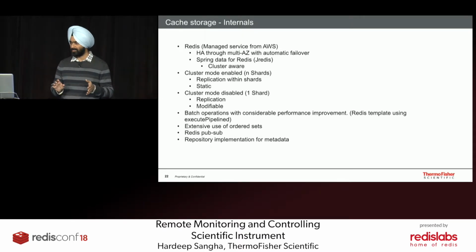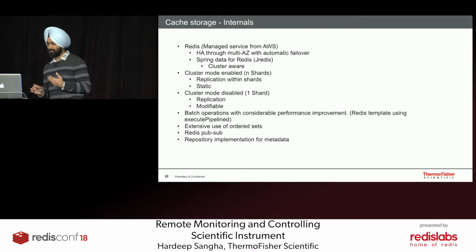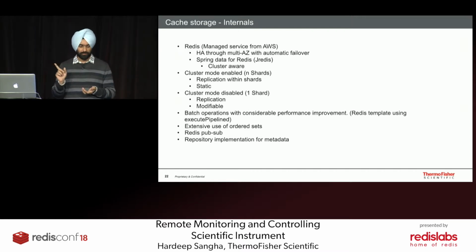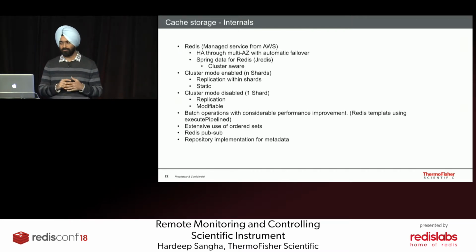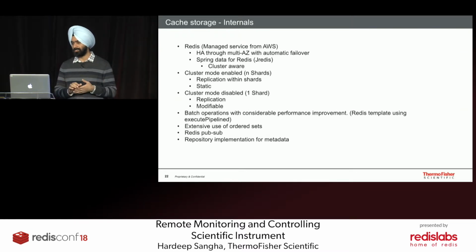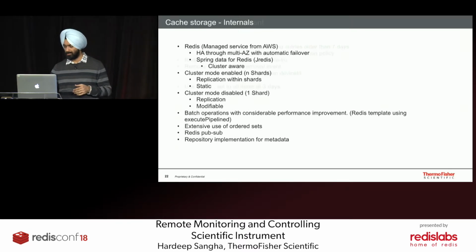We use a lot of ordered sets. All the experiment data that comes, we push into an ordered set. The score is the timestamp, the source timestamp. Redis PubSub is also used. I'll talk about that a little bit later. And again, there's another repository implementation available from Spring that we use for our metadata and so forth.